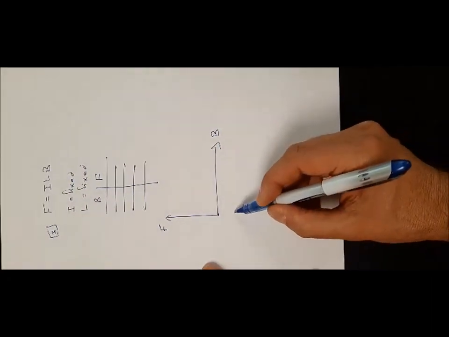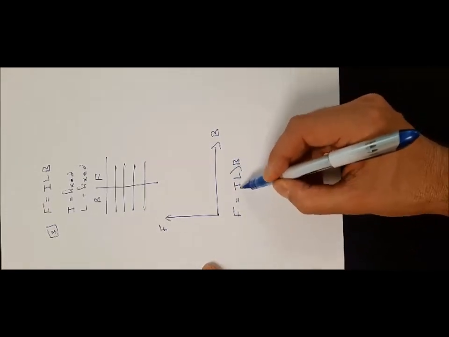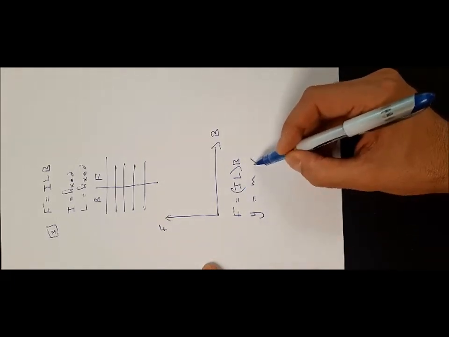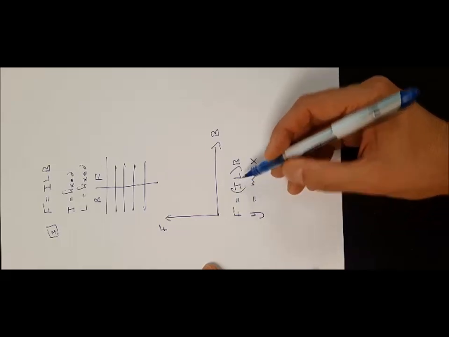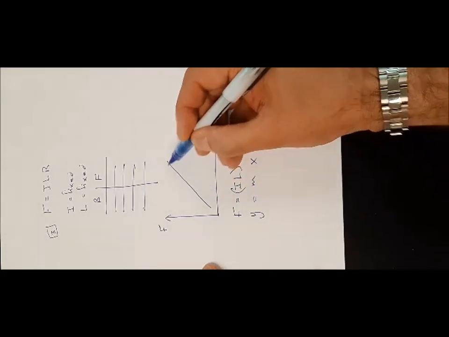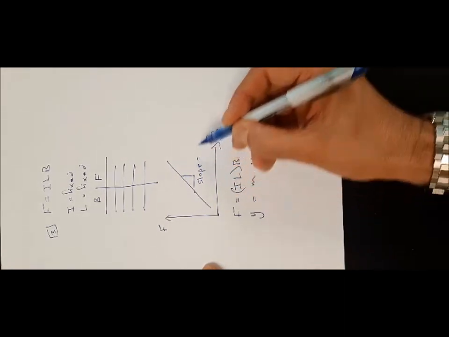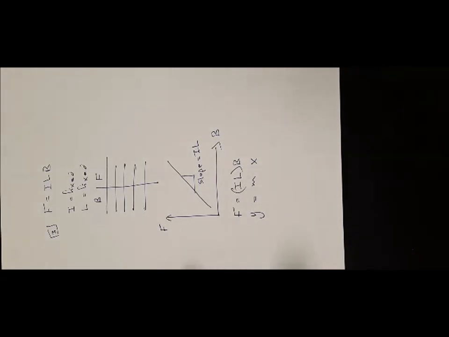And according to this formula, F equals ILB, we used F as the y and we used B as the x, so it will be a straight line of a slope that equals IL. So it will be a straight line, its slope must equal IL.